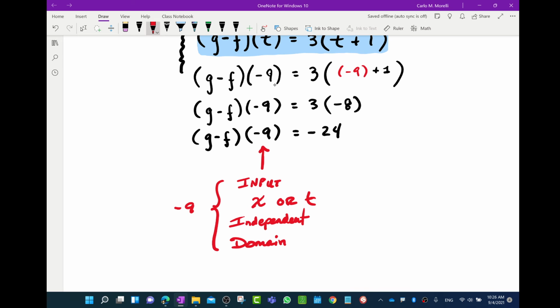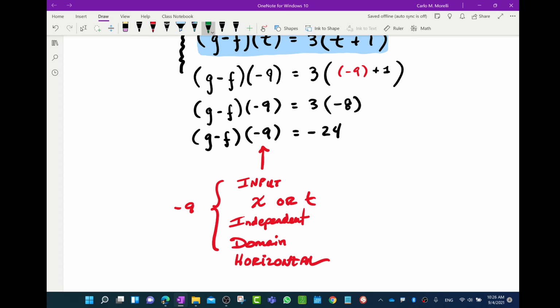The thing inside the parentheses that you're evaluating the function at is the input, the independent variable or number, the x or whatever letter they're using, or the domain value, okay? This is the value along the horizontal axis.